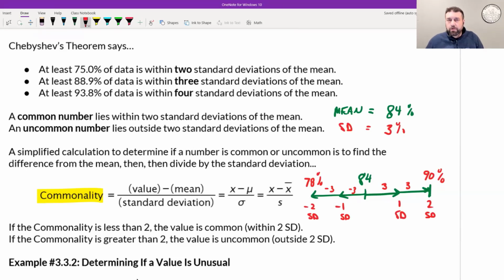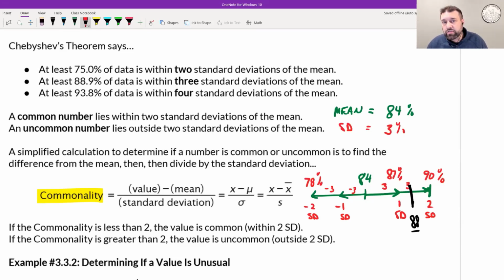Okay. What if you take this test and you score an 88? How many standard deviations above the mean is your 88? Well, we know that 90% is 2 standard deviations. We know that 87 would be 1 standard deviation.